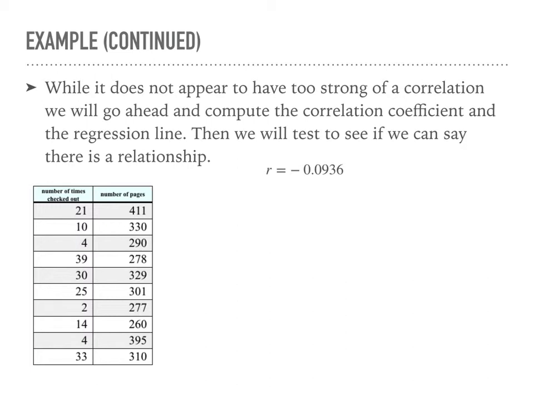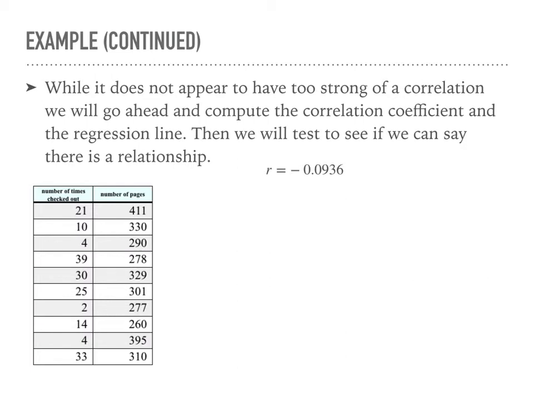You will want your data values entered into list 1 and list 2 before you select the test. So you found r to be negative 0.0936, which is a fairly weak correlation coefficient, but we've already found all the values, or at least our calculator has them sitting in front of us.